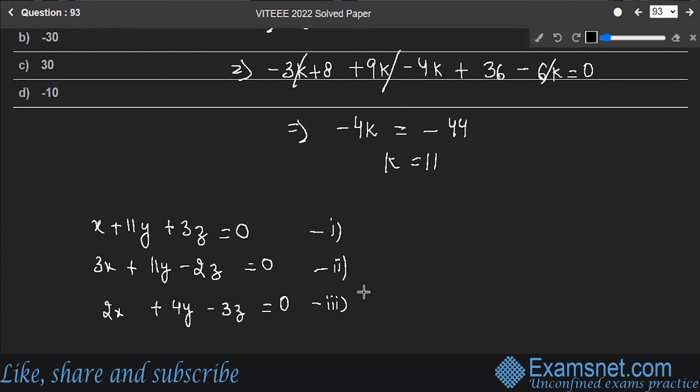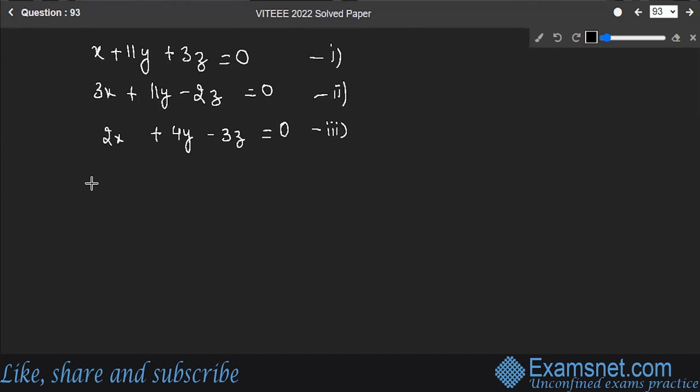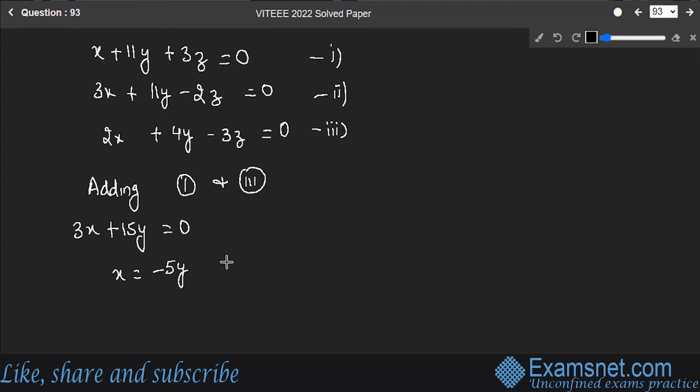Now adding equations 1 and 3, you will get 3x plus 15y is equal to 0, which gives you x is equal to minus 5y. Now I'll put x is equal to minus 5y in equation 1. This becomes minus 5y plus 11y plus 3z is equal to 0. That gives you z is equal to minus 2y.